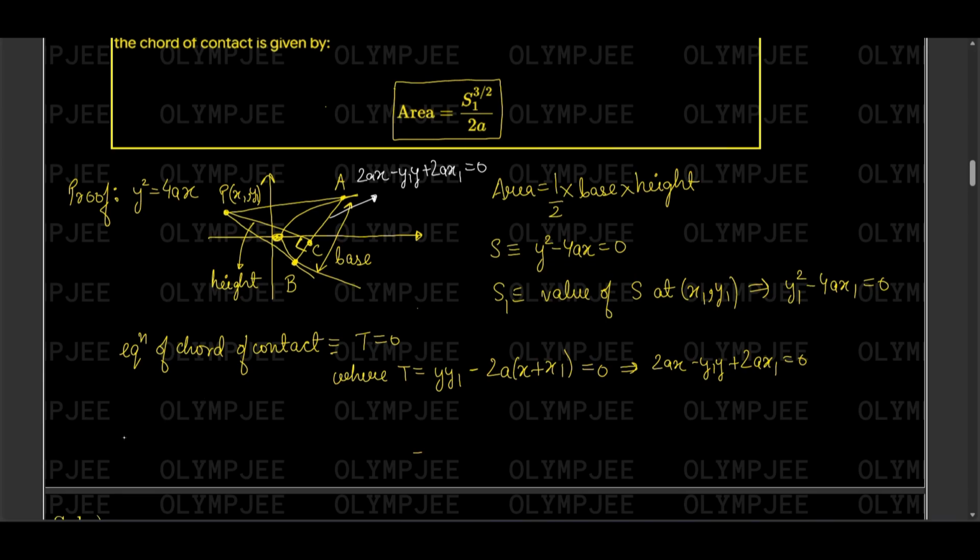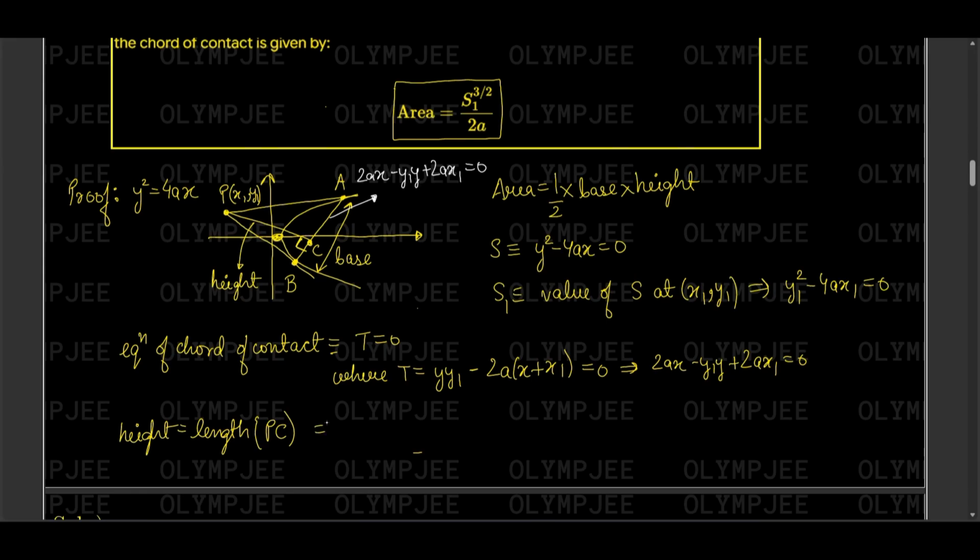So height is equal to the length of PC, and to find the distance of a point from a line, we have the formula that if the equation of the line is ax plus by plus c, then we put x1 y1 in that equation and divide it by the square root of a square plus b square. So I will be using that formula.